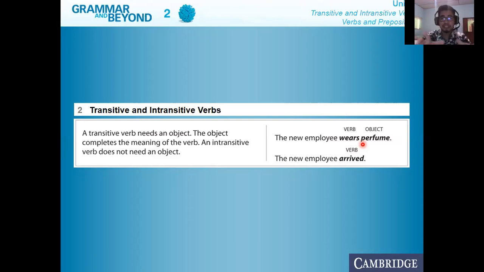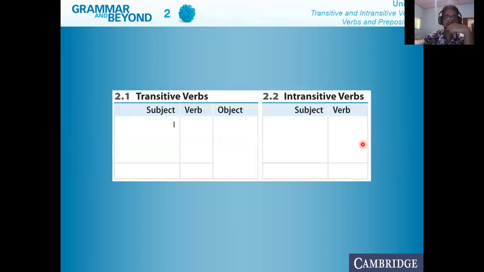Therefore, it is not a transitive verb because it's not taking an object. Another way in which you can identify is that normally transitive verbs will have the object after it. Not in all the cases, but that is the most common position they take. Therefore, intransitive doesn't have an object, transitive does have an object.